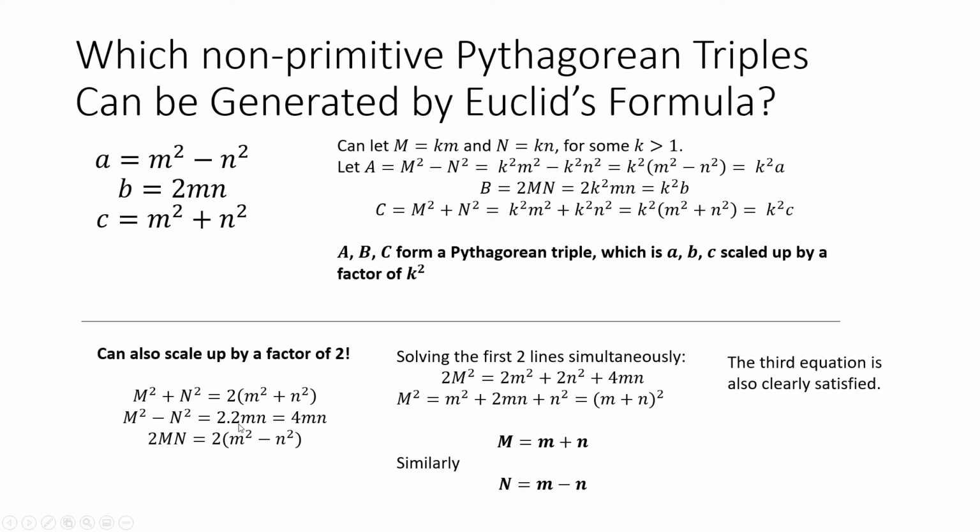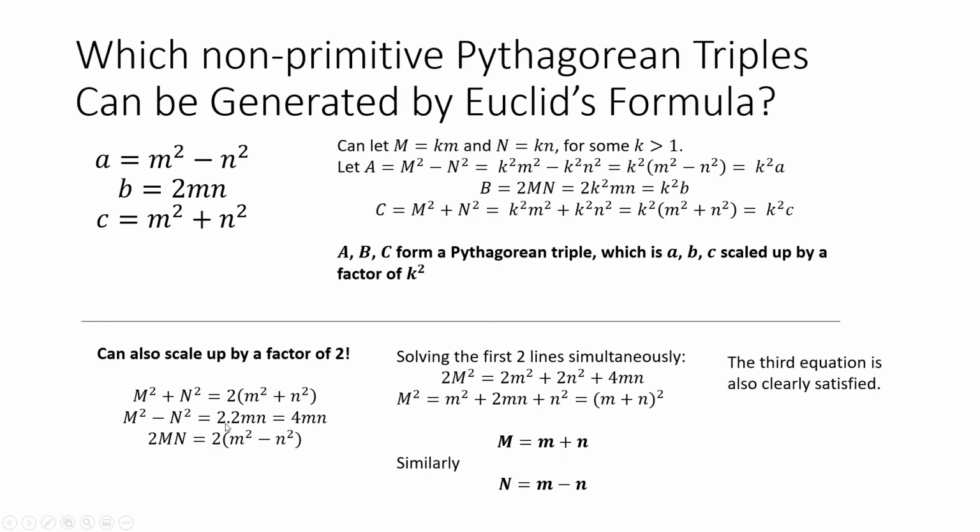But what was the scaled up 2 little m little n is now the difference of the squares of the capitals. And what was the difference of the squares previously is now the 2 capital M capital N when scaled up. But this basically gives me a two-dimensional simultaneous equation, but with 3 lines that have to be satisfied.